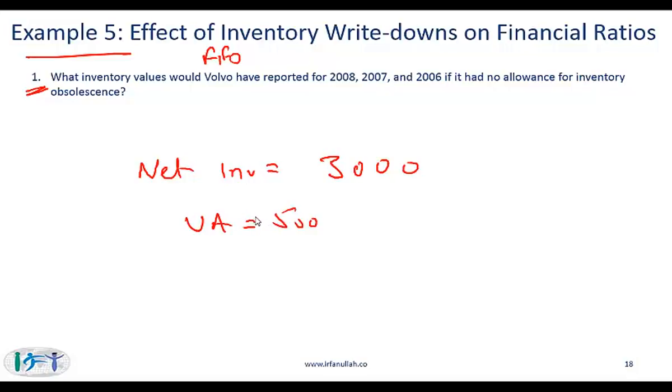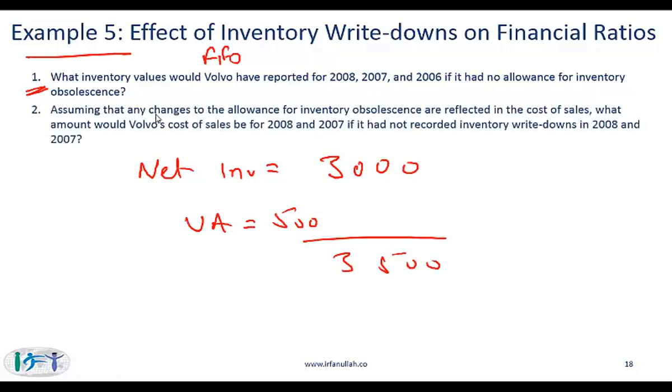And you are asked, what would the inventory number be if you want to pull out the impact of valuation allowance? It would simply be 3,500. So that is fairly straightforward. And if you look at the working in the curriculum, the real challenge is looking through the various footnotes and trying to extract the relevant information, but the principle is this.